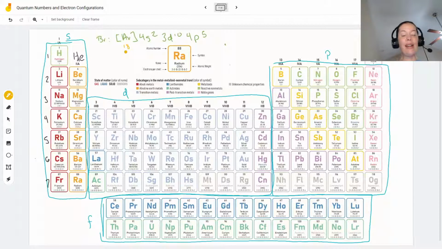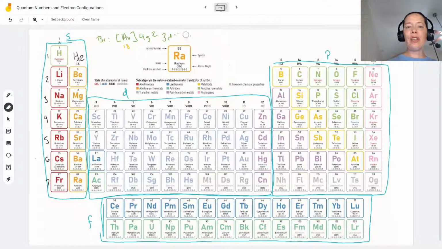Okay, we've got a little bit more time. We have seen here how the Ds work. Let's do another electron configuration with the Ds, and then we'll talk about the Fs. Okay, so I'm going to get bromine out of here so I just have more space.